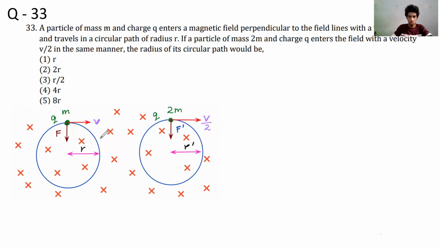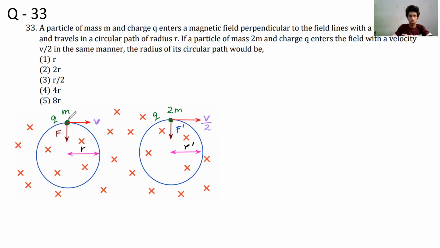So these are the two instances, and at the first instance, the velocity of the particle is v, and at the second instance, the velocity of the particle is v over 2, and the masses of the particles are m and 2m respectively. The radius of the circular path in the first situation is r, and we should find the radius r dash of the circular path of the second situation.